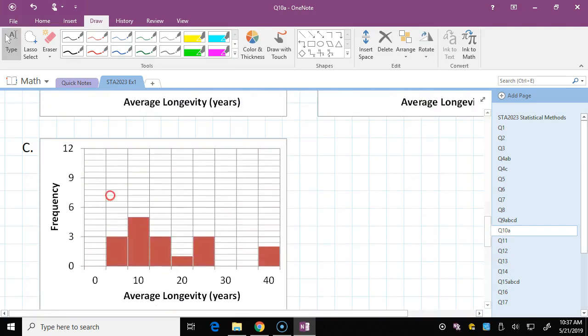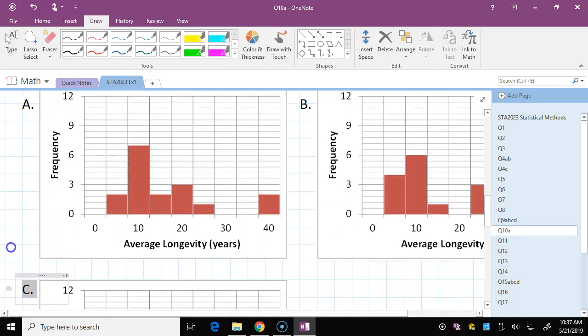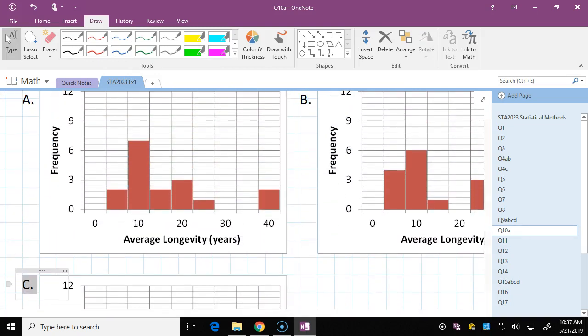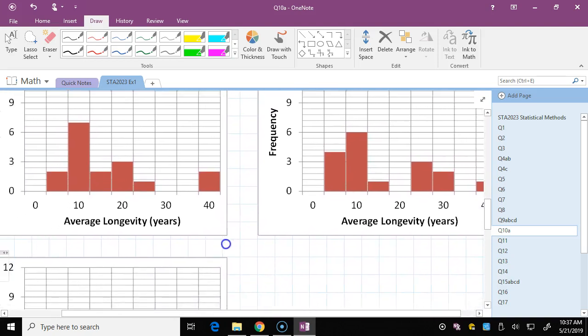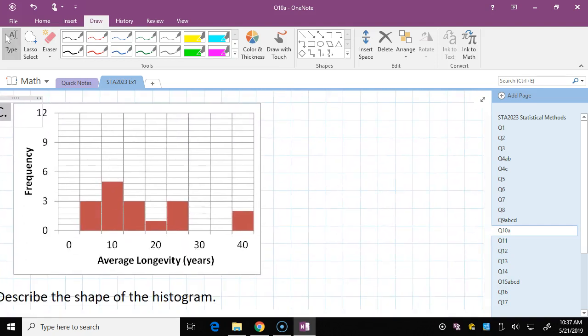So we have 3 graphs. How I approach this is I looked at the outlier, or the largest values, and I figured out how many of those there were.